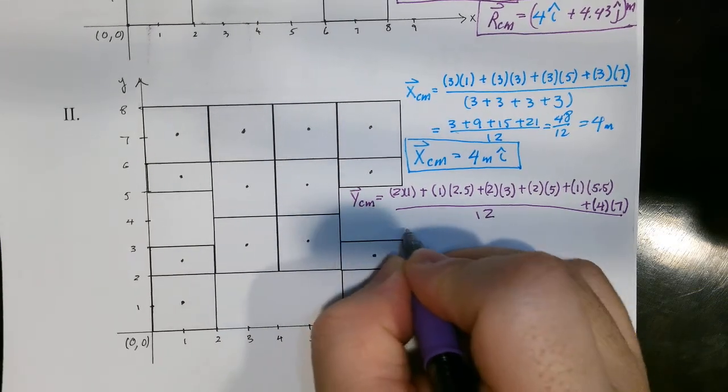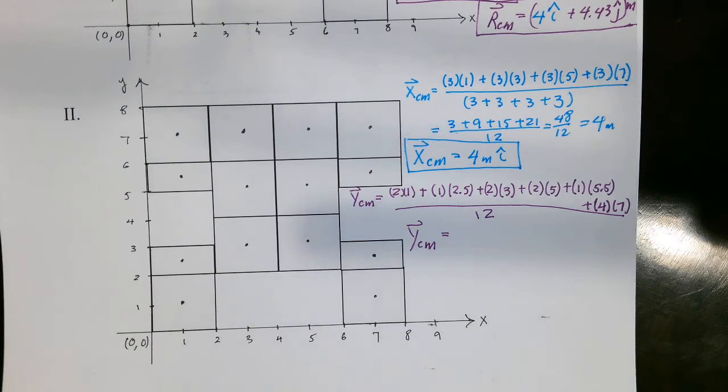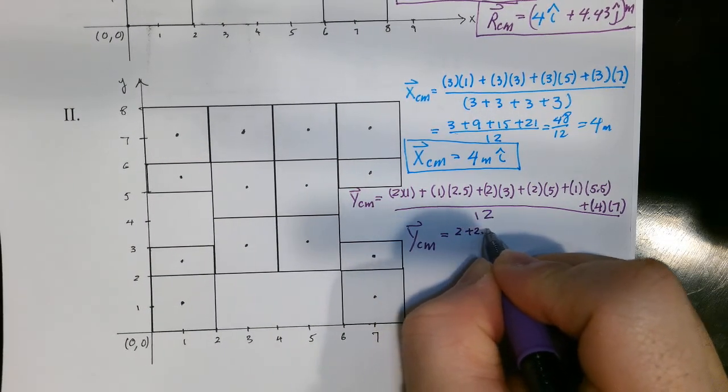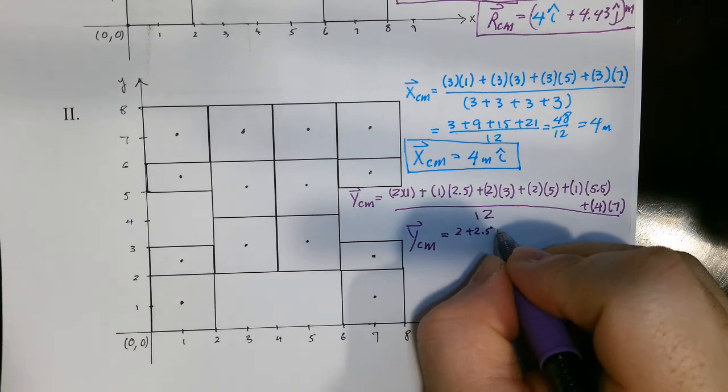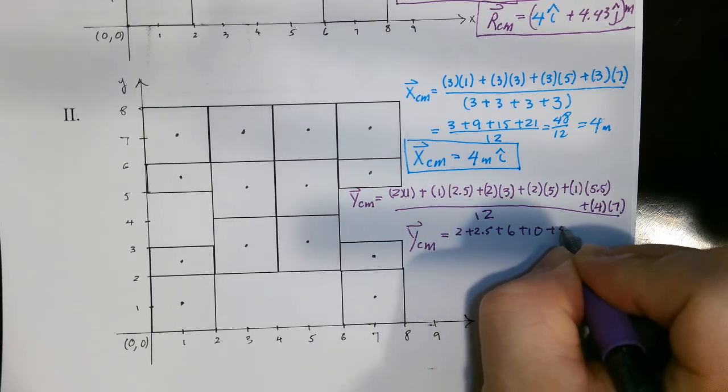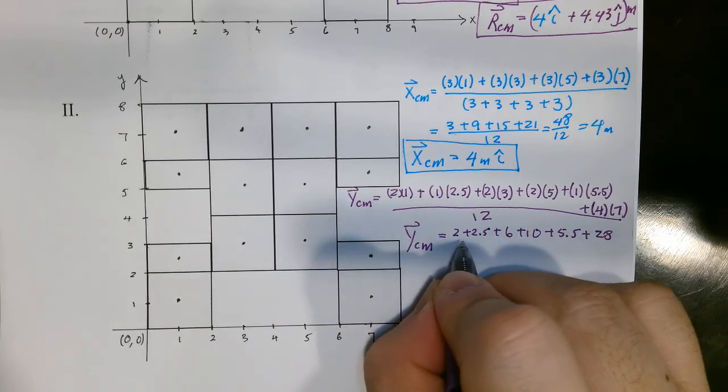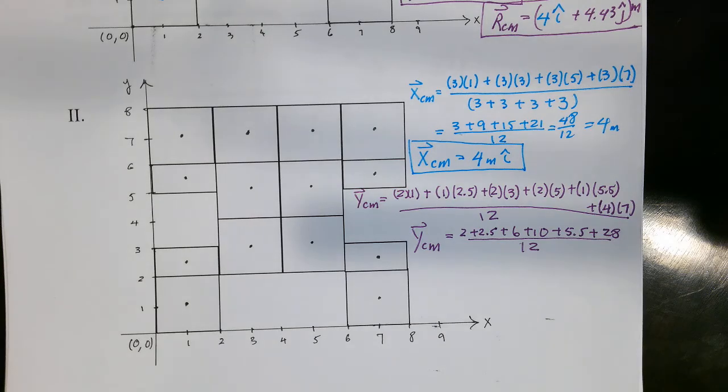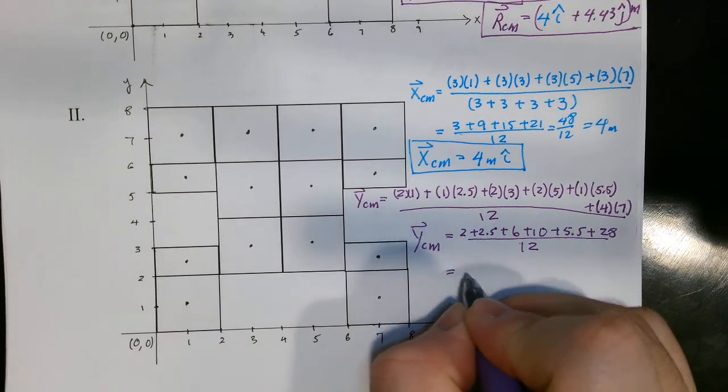So your y sub cm is equal to 2 plus 2.5 plus 6 plus 10 plus 5.5 plus 28 over 12. If you work it out, I get 54 over 12.